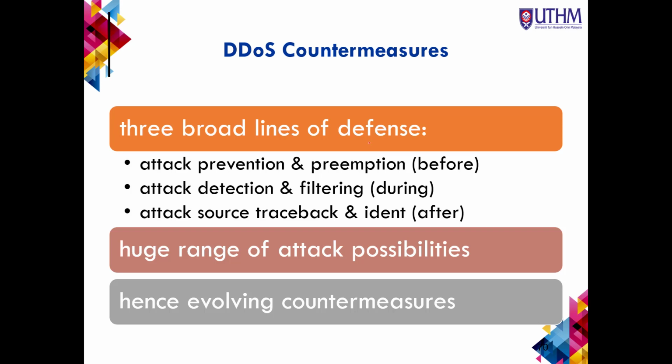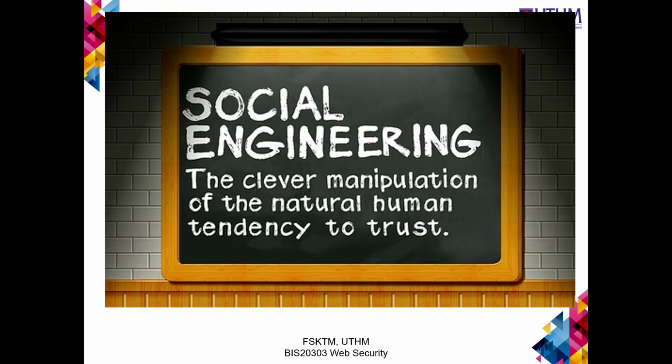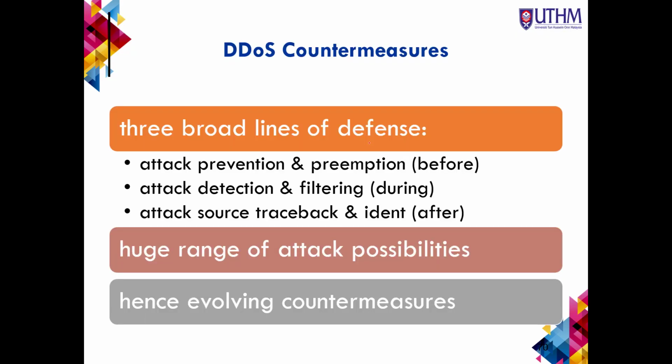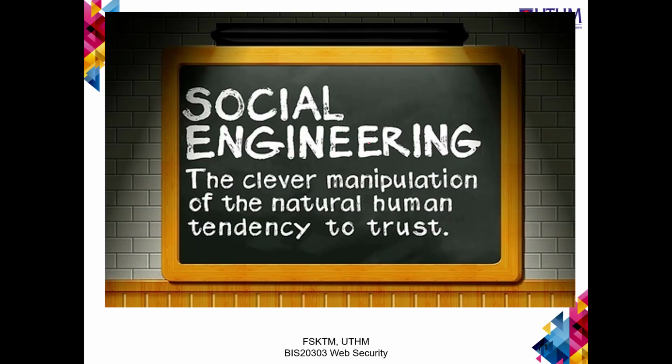Okay, so that's for DDoS, and the last topic for 4.1, before we go to secure injection and cross-site scripting, I want to discuss social engineering. The social engineering, how we manipulate the natural human tendency to trust.